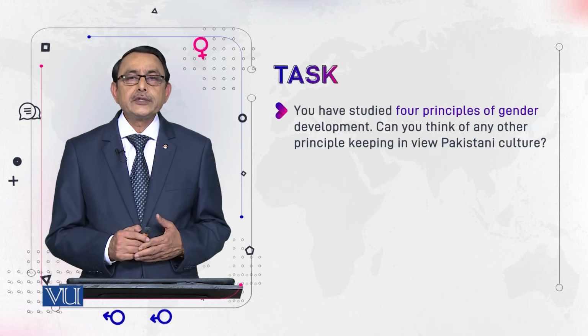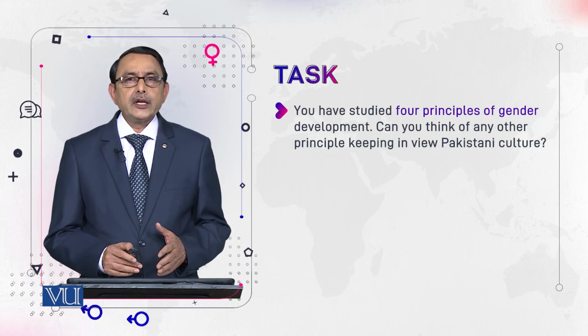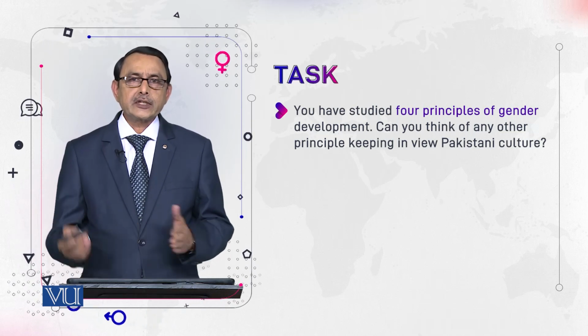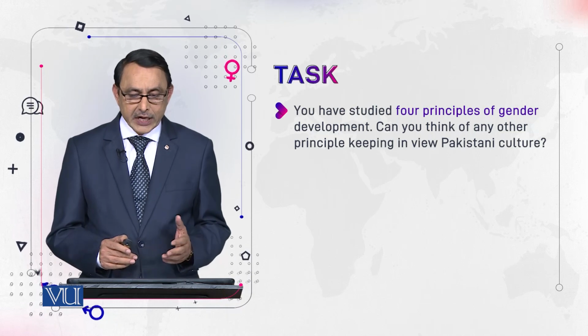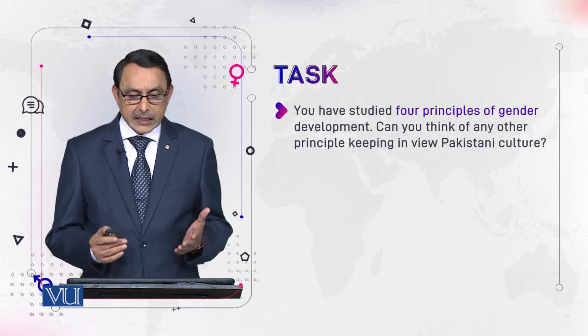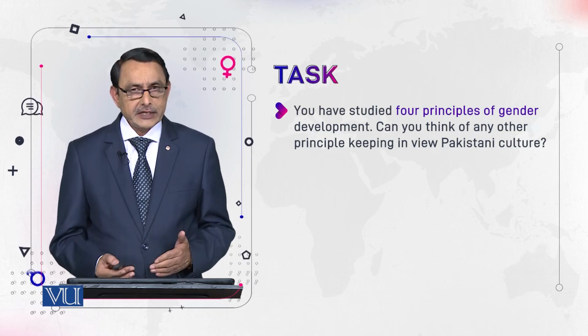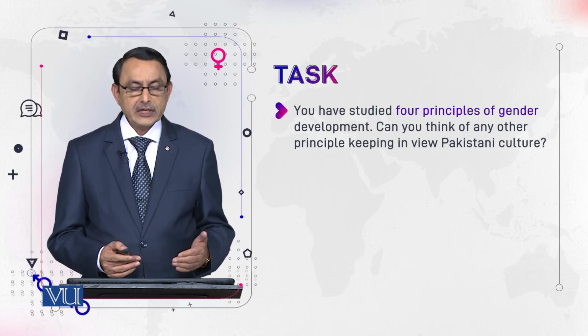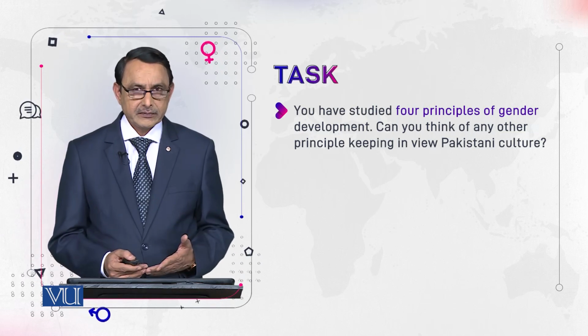Here is a task for you so that you relate these things with something practical. You have studied four principles of gender. Can you think of any other principle keeping in view Pakistani culture?